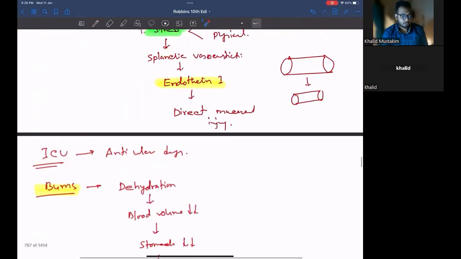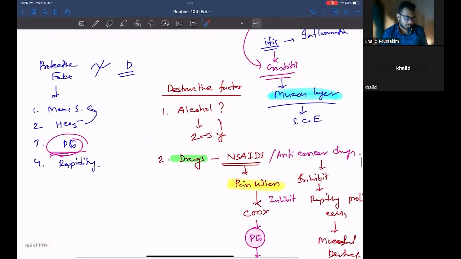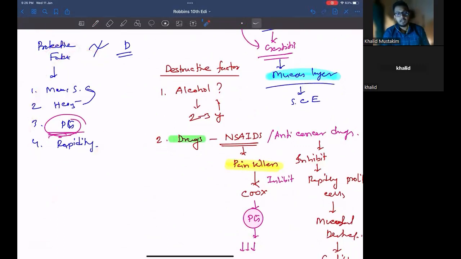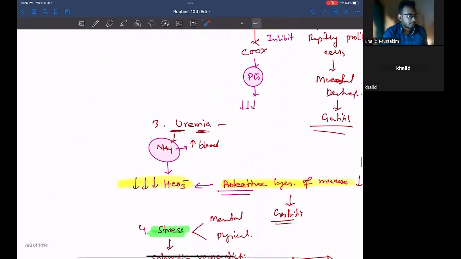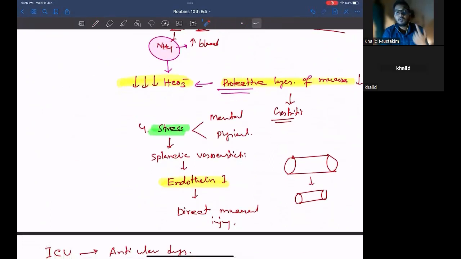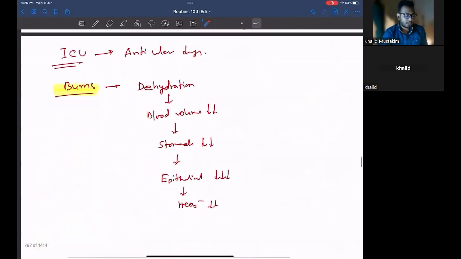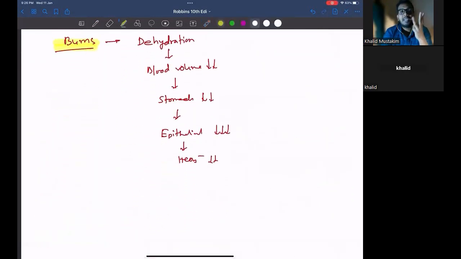Now, if we go to our first slide, in case of protective factors, I have told you that increased mucosal blood supply is another protective factor for the mucosa of the stomach. So here we actually have three protective layers weakening. What are these? The stomach is not getting blood supply properly, so one protective factor is decreasing.